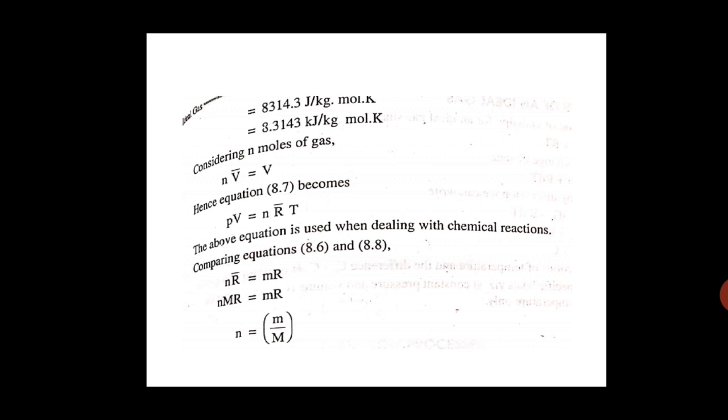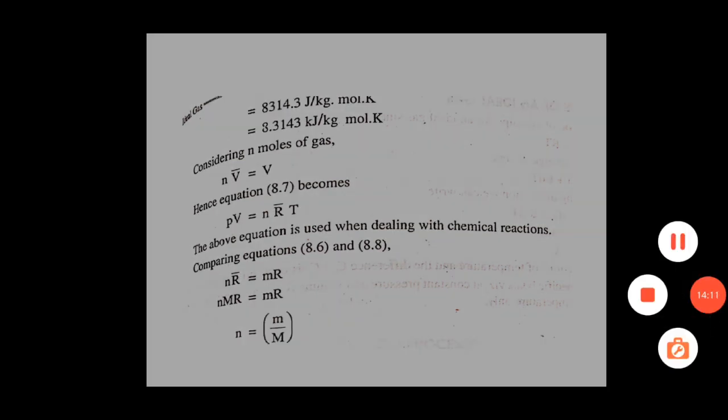And if you come to moles now, n into V bar is equal to V. Hence the equation becomes PV is equal to, earlier we were writing mRT, now we are writing in terms of moles, n into R bar into T. So n into R bar is equal to m into R, or n into M into R is equal to mR, or you can say n is equal to small m divided by capital M, where small m is the mass and capital M is the molecular weight.